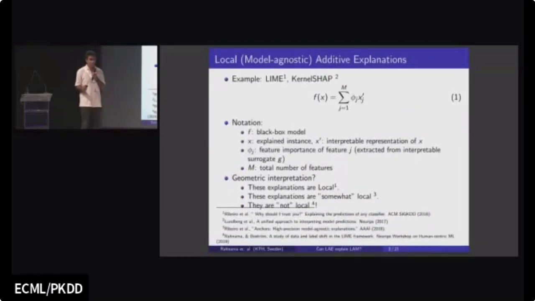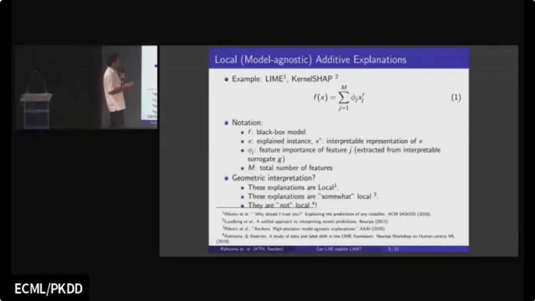So let's start with a very brief overview of what we mean by local additive explanations. We mean particularly explanations of methods like LIME and Kernel SHAP. In these explanations, you have a black box model, f, and you have an input instance or explained instance, that is the x.